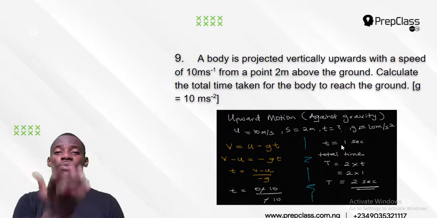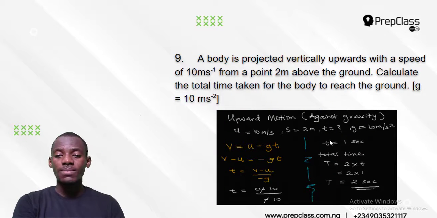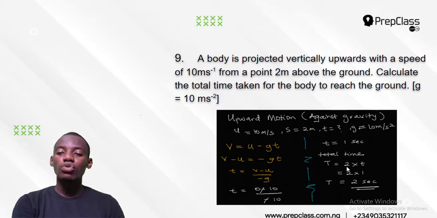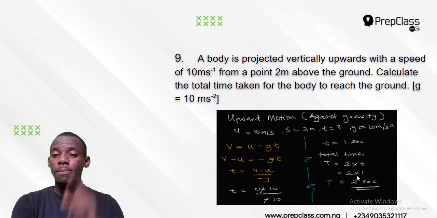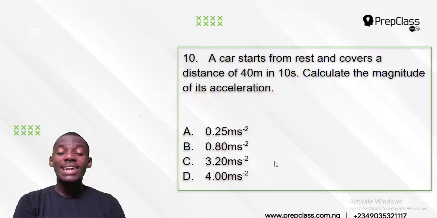If you throw up a stone, the time it will take for the stone to reach the highest point is this small t. But the time for the stone to go up and come down is double that. So that becomes 2 times the time to reach the maximum height, and since my t is 1, it becomes 2 times 1, and that will become 2. So my total time to go up and come down is not c, it is actually b, and the answer is 2 seconds.